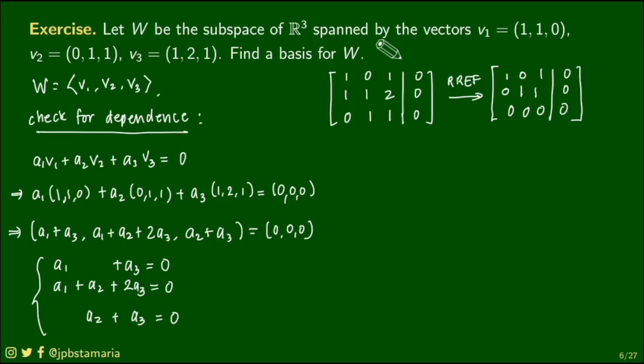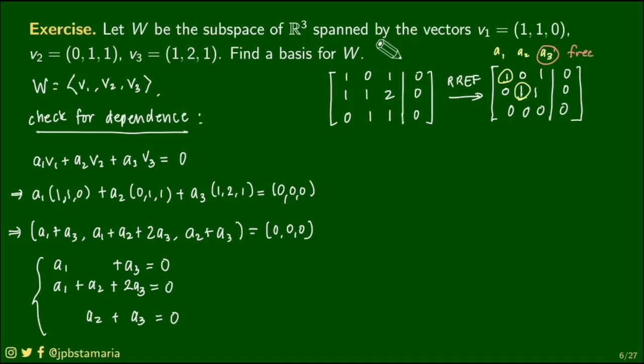Remember, when solving a linear system, after reducing the augmented matrix into RREF, we have to look at the pivots that we have obtained. In this case, we only get 2 pivots corresponding to the unknowns A1 and A2. Therefore, the variable A3 is free.